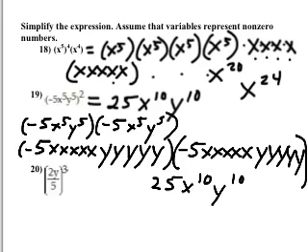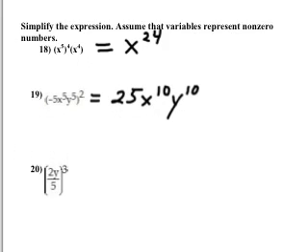Alright, the next problem, I think I'm going to have to erase. Here inside our parentheses we have 2y divided by 5. That whole thing is to the third power. So, you could remember what the rule is. That would be 2 to the third power, y to the third power, over 5 to the third power, right?